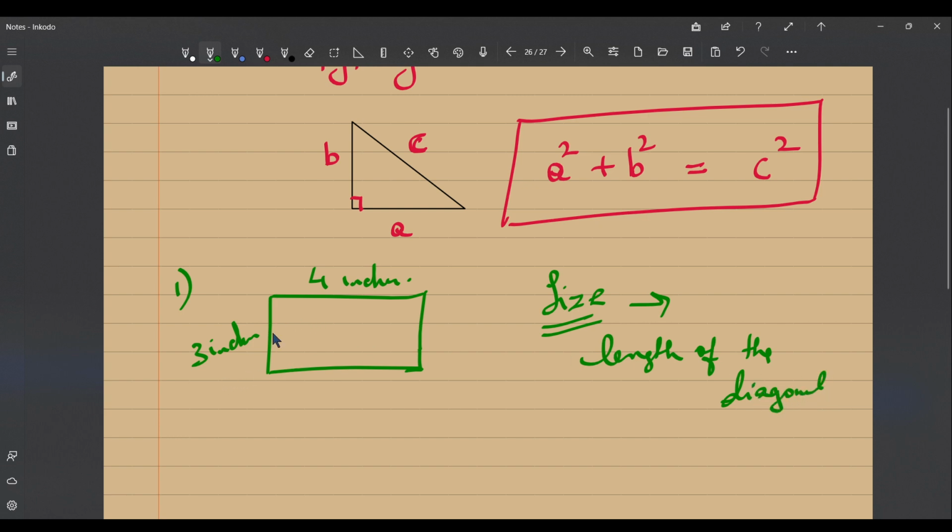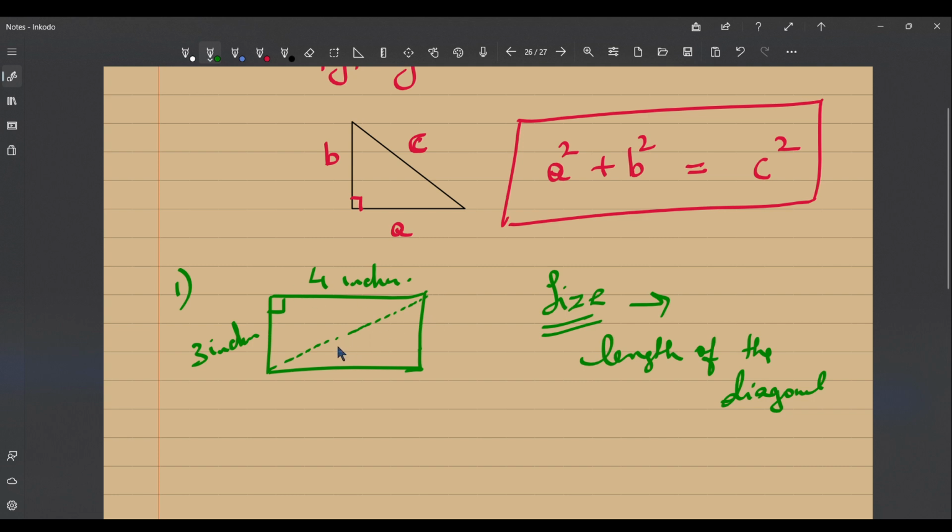So now we have a mobile in front of us. It's 3 inches and 4 inches dimensions. We'll have to find the length of the diagonal of this mobile so that we know the size of the screen. So this is a right angle because it's a rectangle, and the side opposite to the right angle is the hypotenuse, the longest side. So we'll have to find the measure of the longest side.